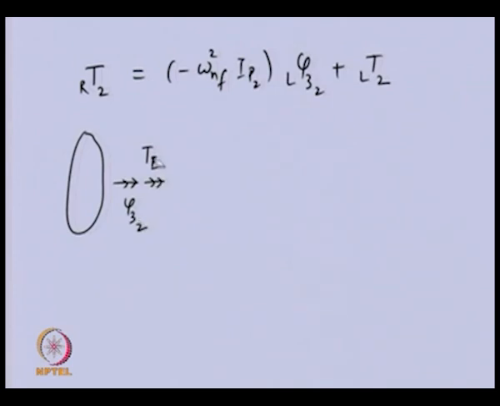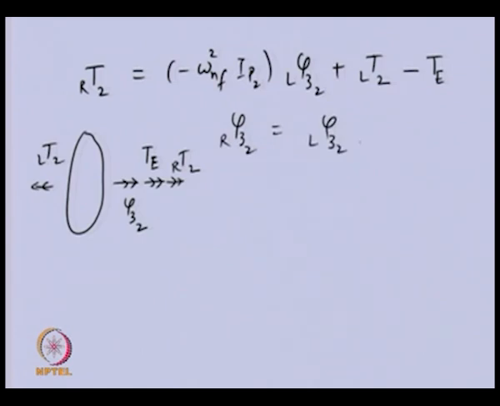Because earlier this was also in the positive direction and the left side torque was in the negative direction, you can see that this torque will find a place along with the torque at disc 2 on the right side. If we transfer it to the other side, we will have this external torque coming here. We also had another relation: the angular displacement on the right side of disc 2 and the left side of disc 2 are the same.